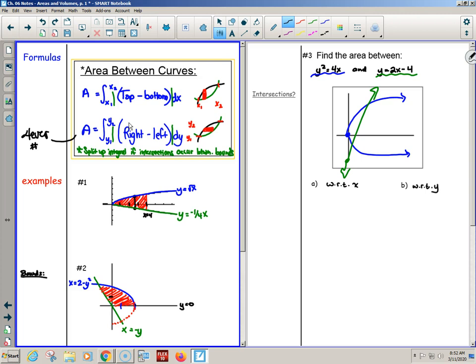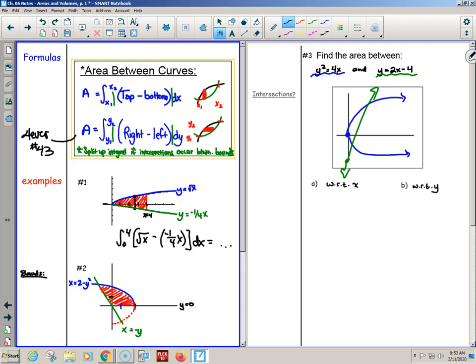Do you guys realize that really this is just another application of antiderivatives or integrals? Because if you have a picture, this is x equals 4 by the way, couldn't you set up and be like, I'm going from 0 to 4, and if you see the picture, you can go ahead and set it up? What do you think you need to do to solve it?